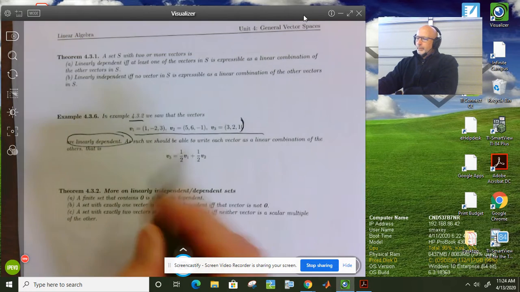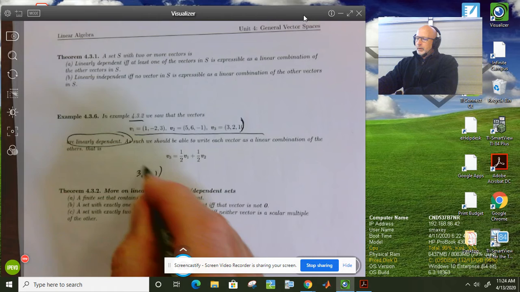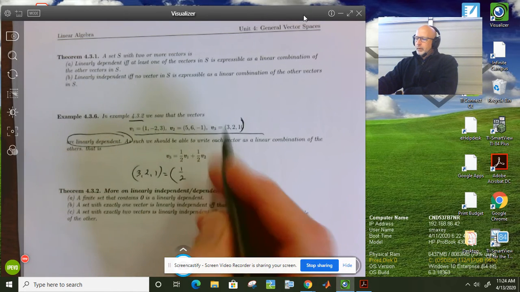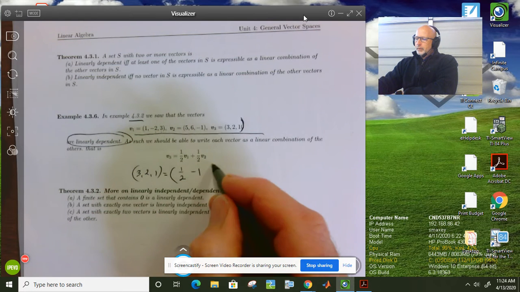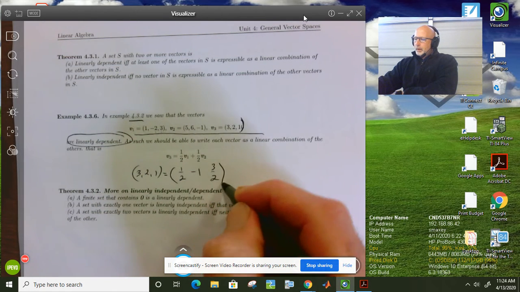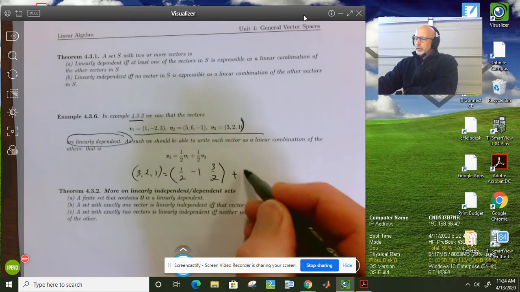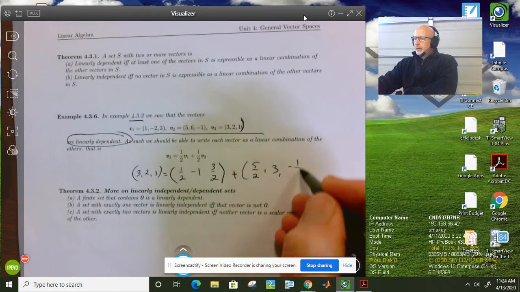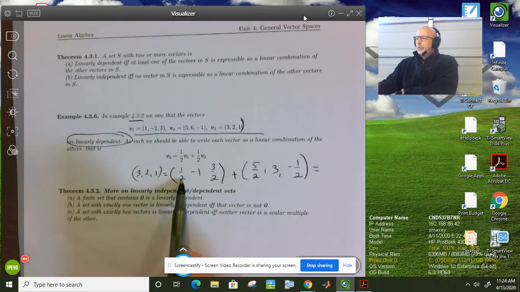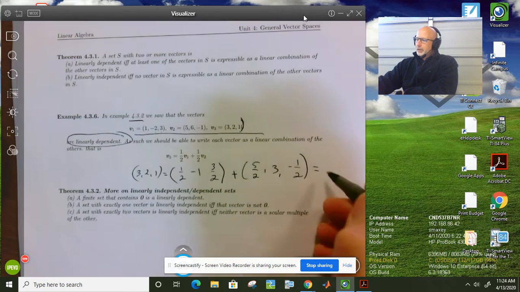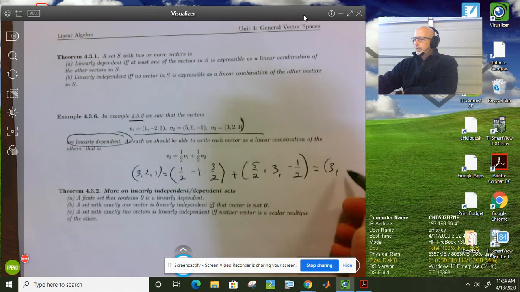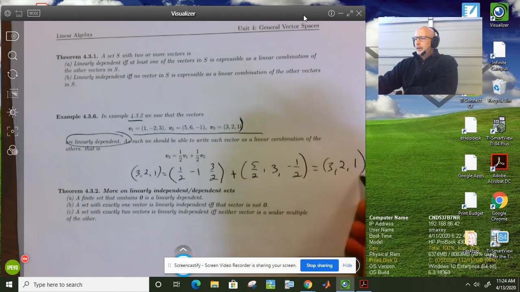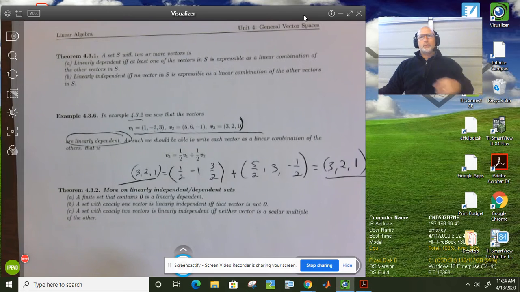The vector V3, which is (3, 2, 1), should be equal to 1/2 V1, so it's (1/2, -1, 3/2), plus 1/2 V2, so (5/2, 3, -1/2). Adding these together, 1/2 plus 5/2 gives you 6/2, which is 3. -1 plus 3 gives you 2. 3/2 minus 1/2 gives you 2/2, or 1. So you can see (3, 2, 1) is equal to (3, 2, 1).